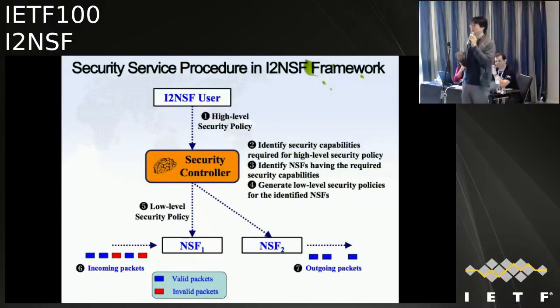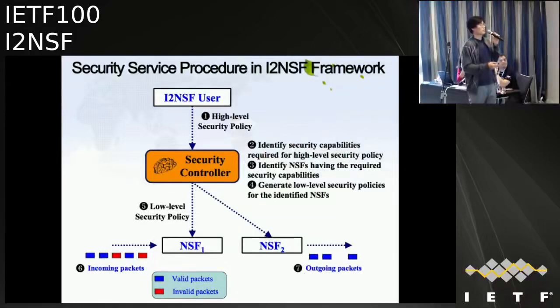Then the security controller analyzes the received high-level security policy and identifies what kinds of security capability are required to enforce this high-level security policy. And then the security controller identifies specific NSFs of the required security capabilities. Then the security controller generates a low-level security policy rule for each of the required network security functions.